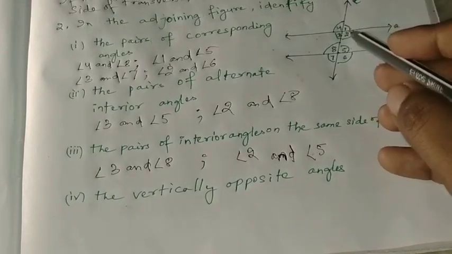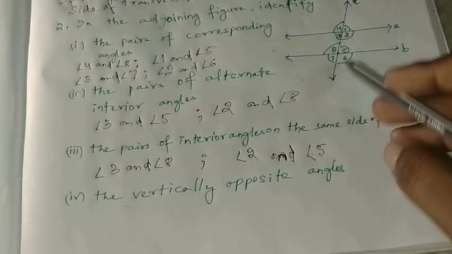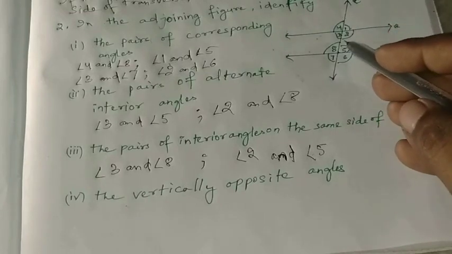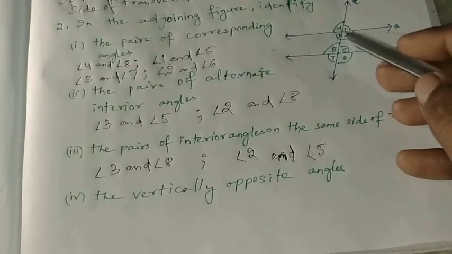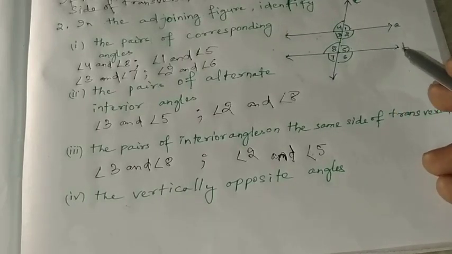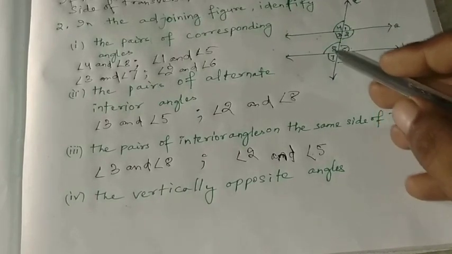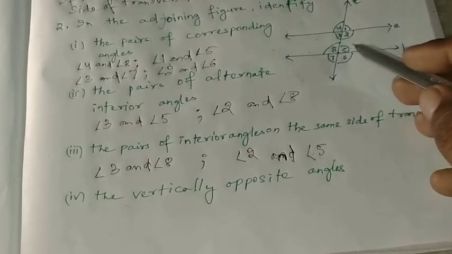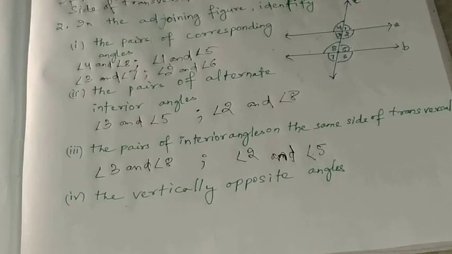So here 4 angles are formed, and here also 4 angles. For lines C and A, the vertically opposite angles are 4 and 2, 1 and 3. And for lines B and C, the vertically opposite angles are angle 8 and angle 6, angle 7 and angle 5. So how will you write?